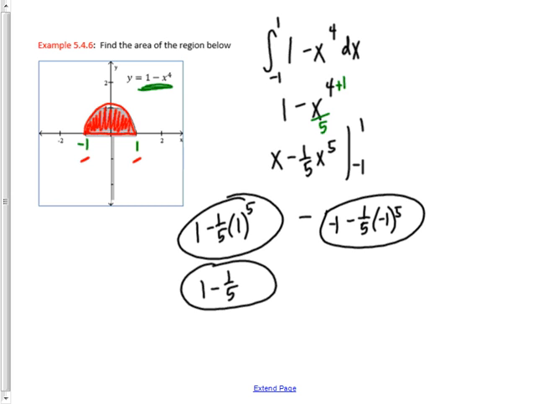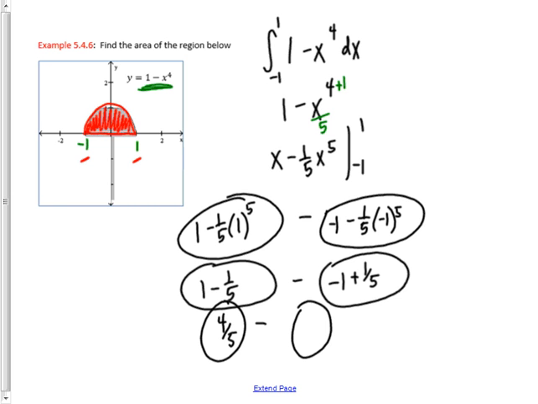That's that. Alright, this is a negative 1, and negative 1 to the 5th would be negative 1 times a negative 1/5 would be positive 1/5. So that is 4/5 minus, alright, that's going to be a negative 4/5. So I end up with 4/5, those switch to a positive, plus 4/5, and I get 8/5.